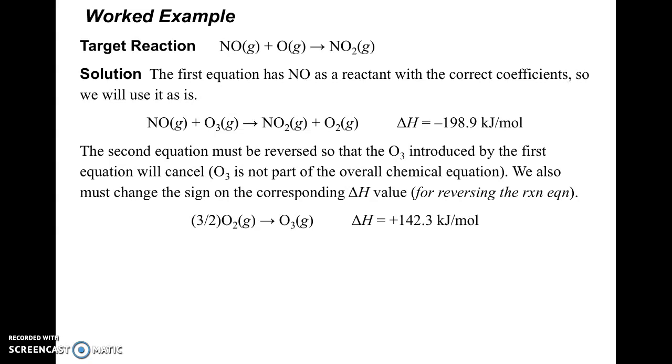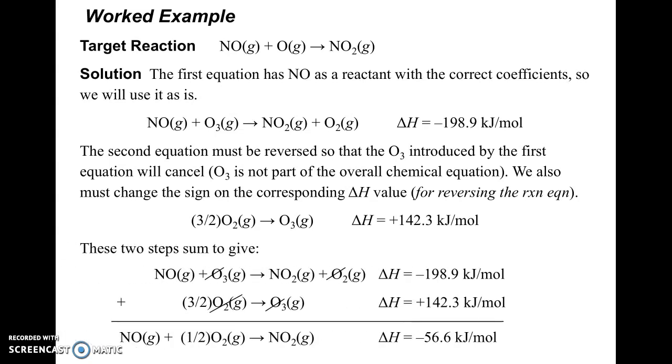That's what they mean by reversing it. So the ozone, the O3, is a product. So we change the sign on that delta H. And when we add those up, we now have NO plus half an O2 gives us our NO2 with an associated minus 56.6 kilojoules per mole.